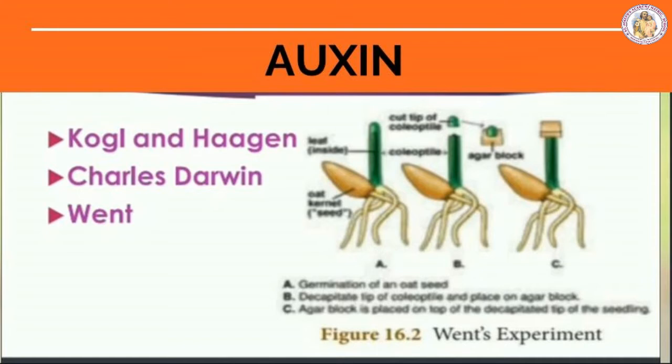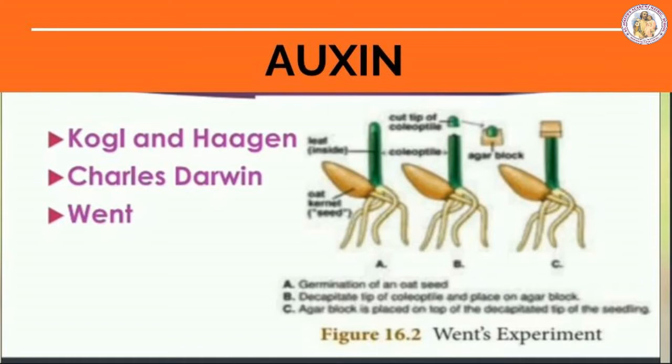He did a series of experiments in Avena coleoptile. In this experiment, he removed the tip of the Avena coleoptile. He cut the tip, it did not grow, indicating the tip produces something essential for growth.